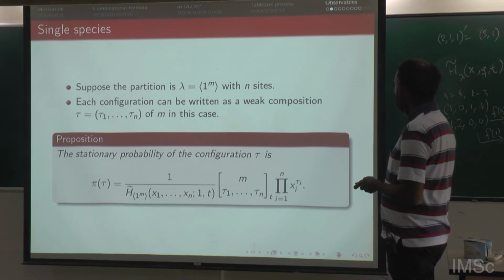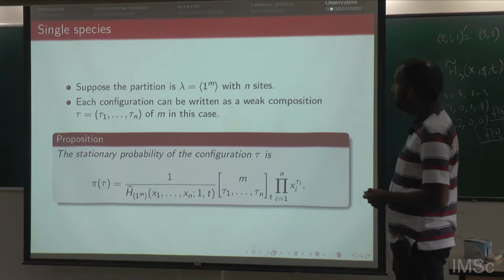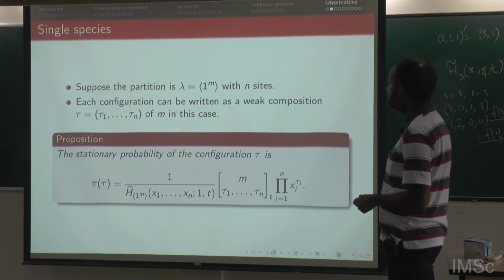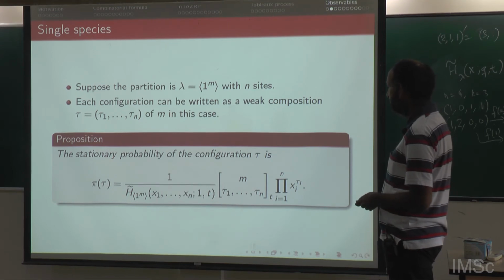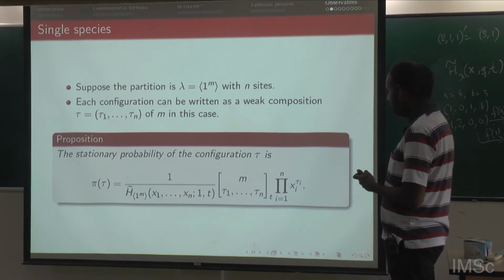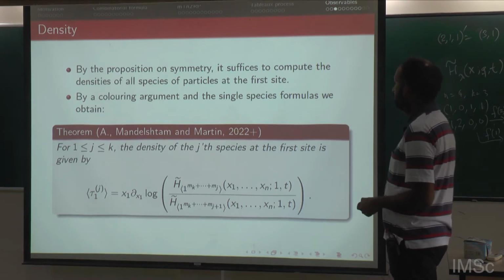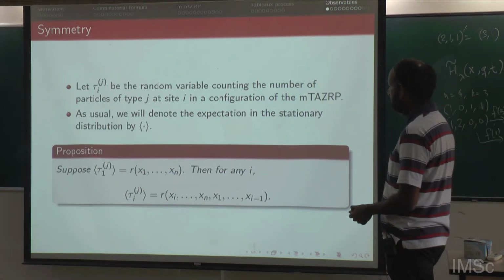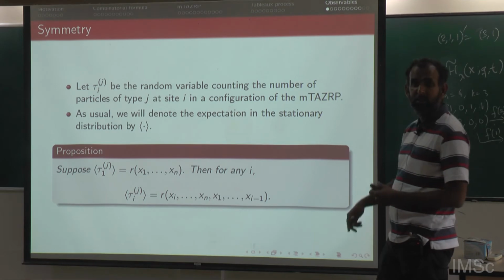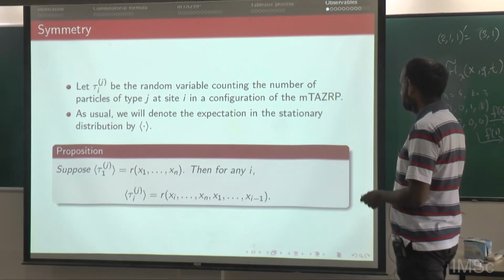And okay, so now let me go back to when there's just one kind of particle. In that case, the stationary probabilities have a very simple formula, and using that I can give you a formula for the density. Because of this proposition, it's enough to look at densities at the first site, because I can just rotate and get any.